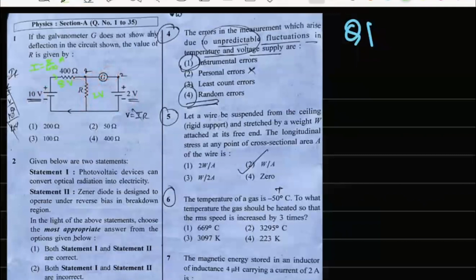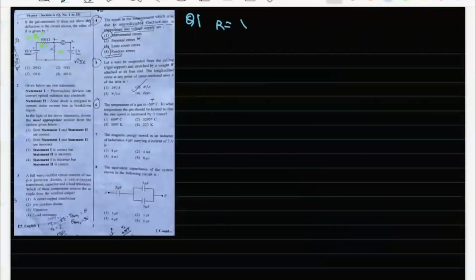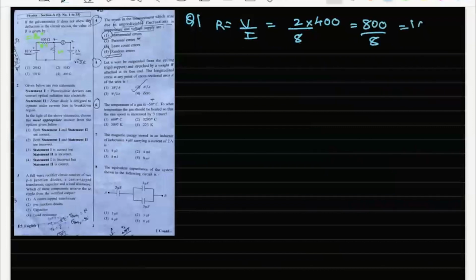That means the resistance value will be V by I. The voltage value we said is 2 volts. The current we just figured out is 8 upon 400, so that 400 goes in the numerator. So 800 by 8, 100 ohms. So that is option 3.